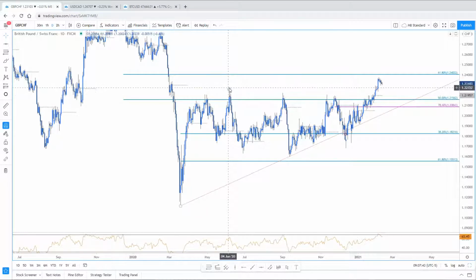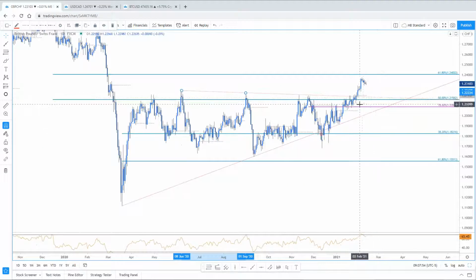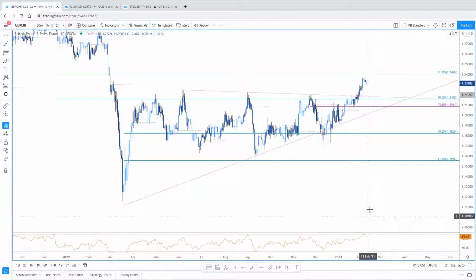So I can already see sort of the consolidation break that you're talking about. But again, even that's a few days, a few weeks mature at this point.